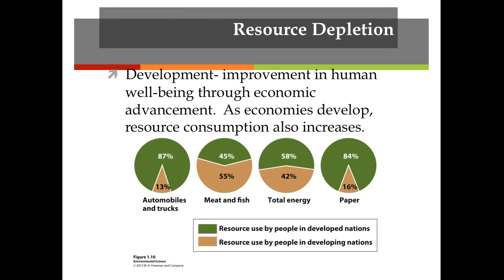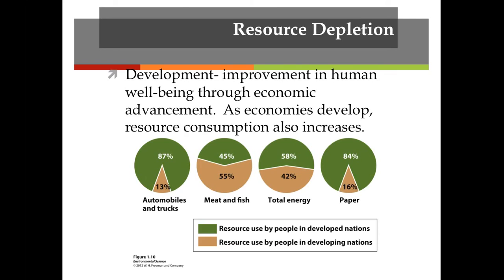So you're going to have people driving more cars, living in larger homes, and purchasing more goods because we have more money. According to the United Nations Development Program, people that live in developed nations, so places like the United States, Canada, Australia, a lot of the European countries, and Japan, use most of the world's resources.